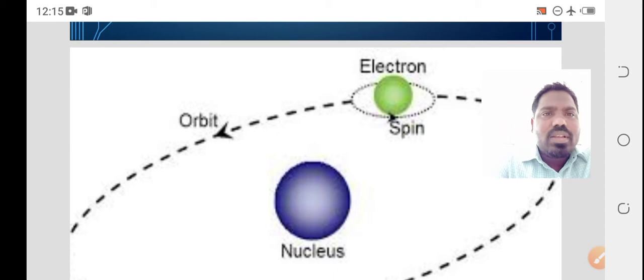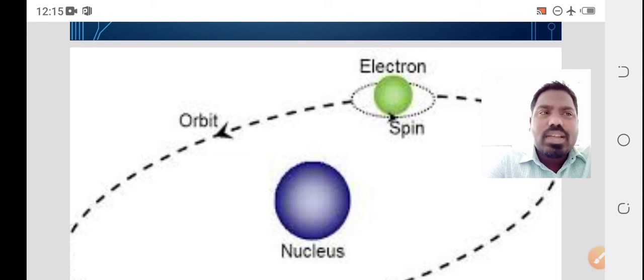The electron revolves in a particular path. That path is named as orbit. So the electron is revolving around the nucleus, and the path of this electron is considered as the orbit.